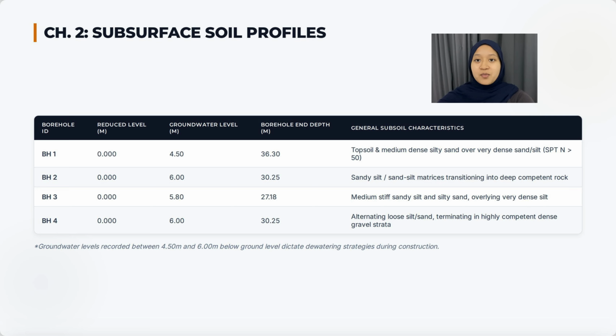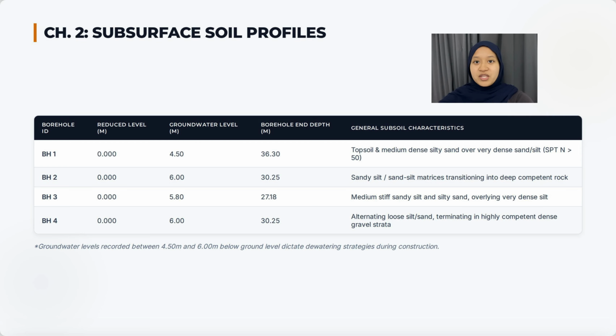For borehole 1, the borehole is the deepest at 36.3 meters. The soil consists of topsoil and medium dense silty sand, followed by very dense sand or silt with SPT value more than 15. For borehole 2, the borehole depth is 0.25 meters, and this indicates that the soil strength increased with depth. For borehole 3, the borehole ends at 27.18 meters.